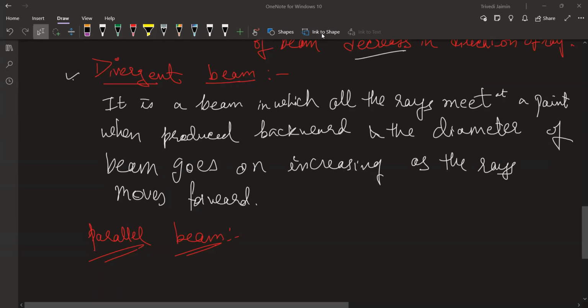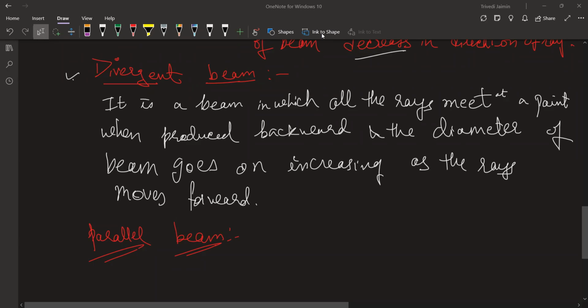Anyone else want to try? Can I say another definition? Sure. The light that is parallel to each other when coming from a source of light is called a parallel beam of light.